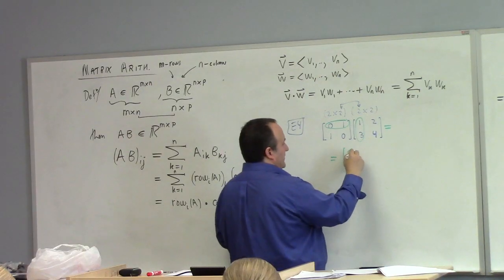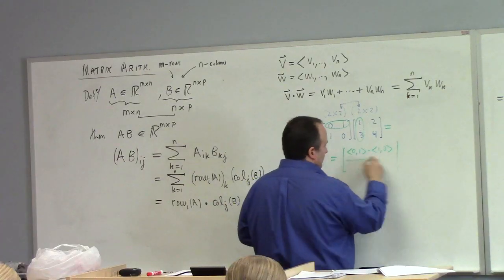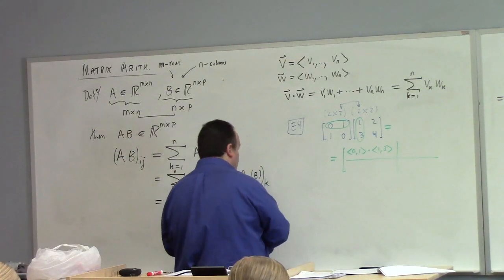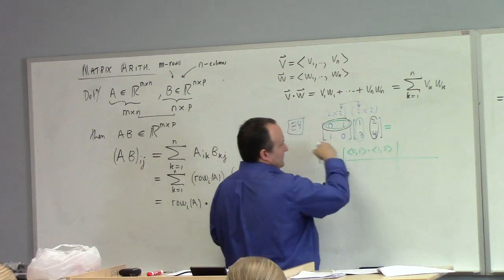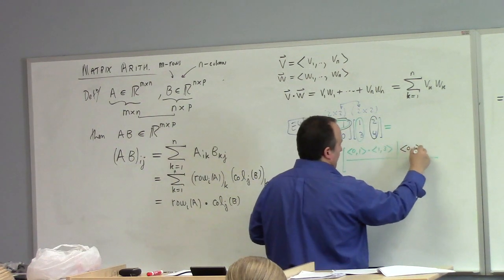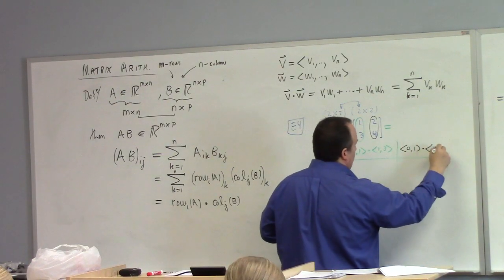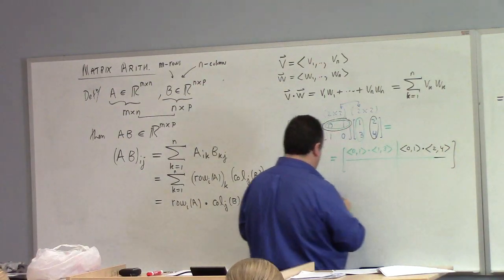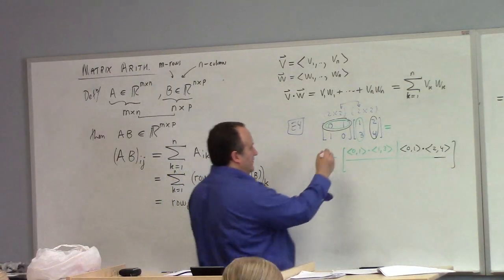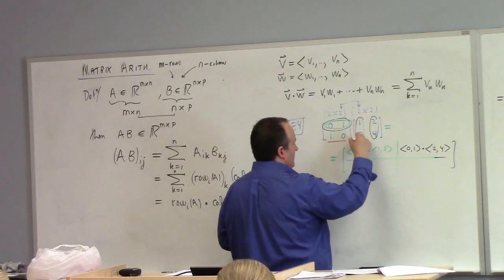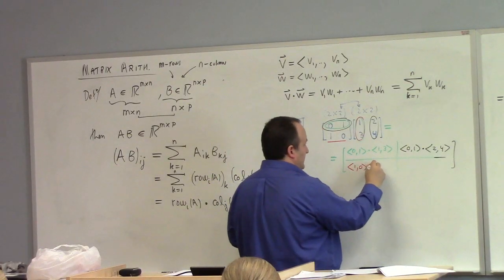So I've got, in the other notation, 0, 1 dotted with 1, 3. We've also got this with that, so that goes over here. I get 0, 1, the first row dotted with the second column, to get the 1, 2 component. Second row with the first column: that gives me 1, 0 dotted with 1, 3.